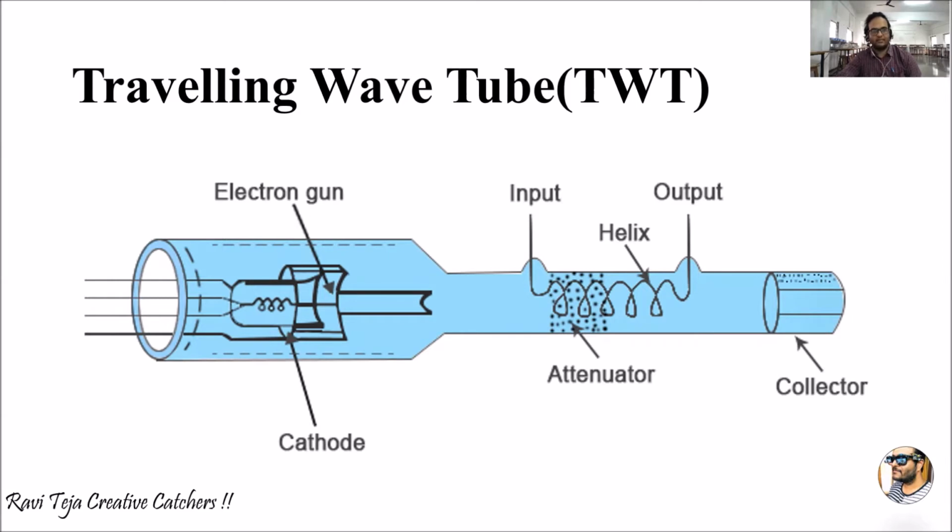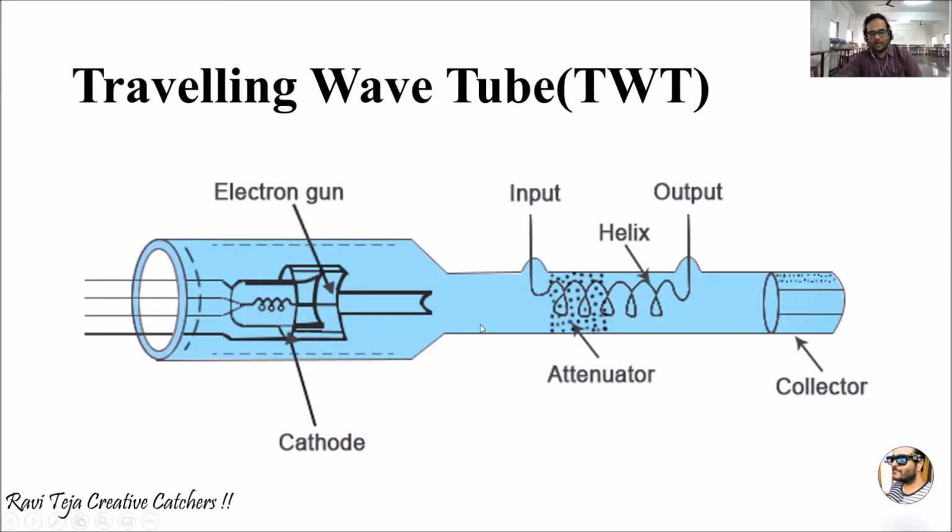Similarly, in this TWT tube, we have a cathode connected to an electron gun. Whenever a supply is given, the cathode makes the electron gun generate electrons, and it keeps on emitting electrons in the form of a beam. Now let's see the next part.